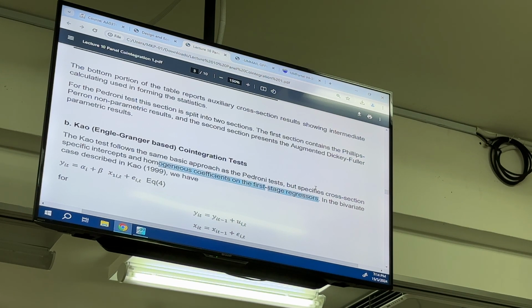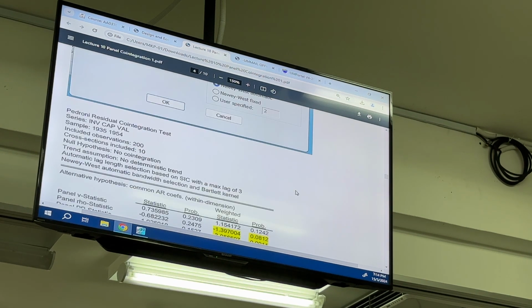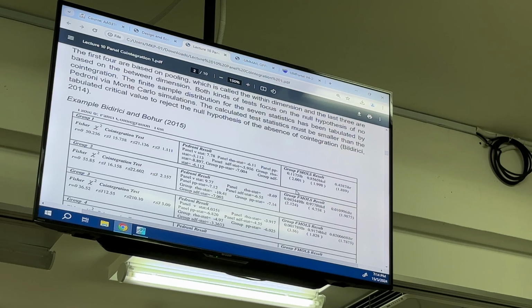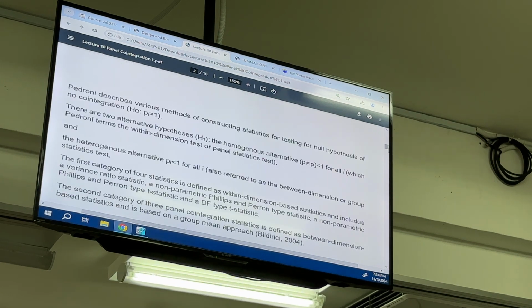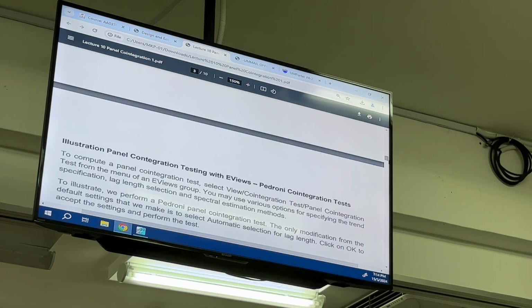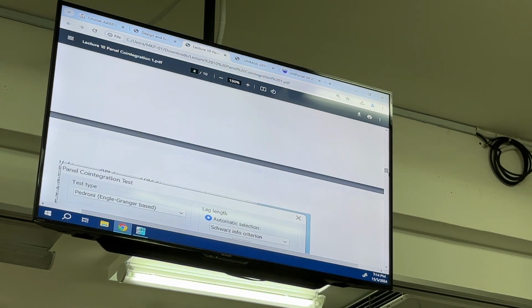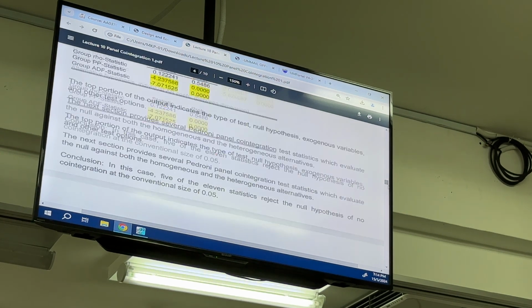Kao tries to modify that, since it is from 1999. How about Pedroni? Pedroni is also from around 1999, and 2004. So both came in the same years.